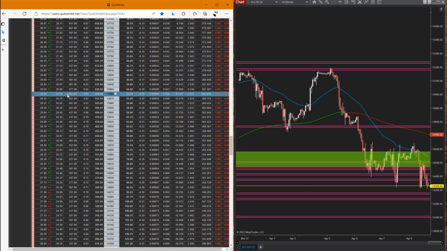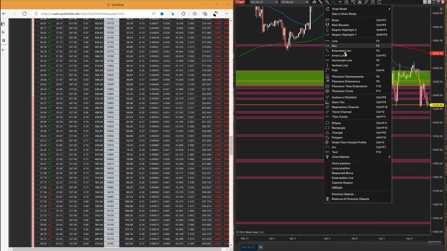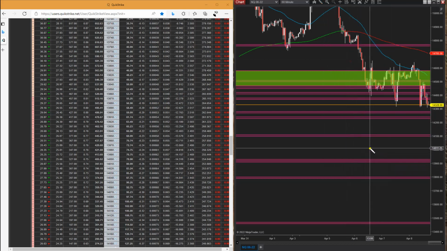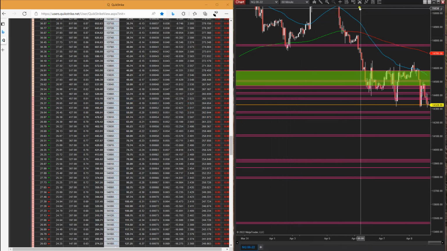So the weekly 1-2 is at 13,870, 860 to the downside. Right in here. May provide a little bit of support.